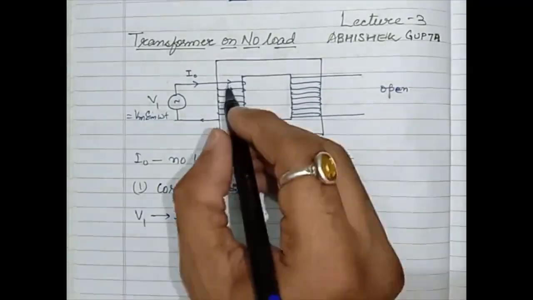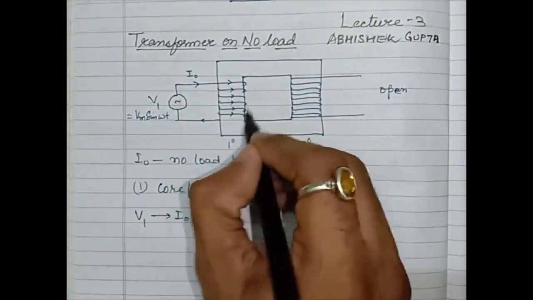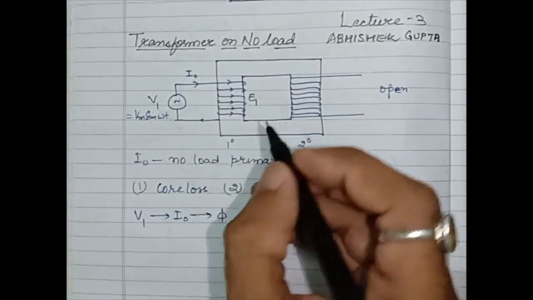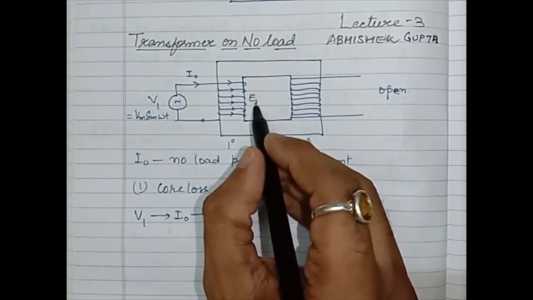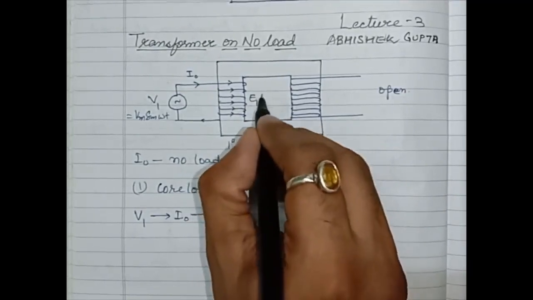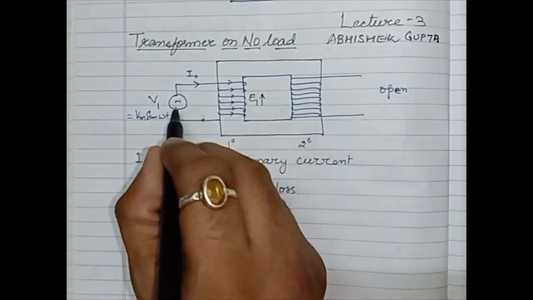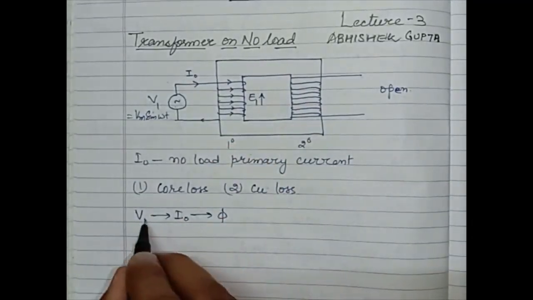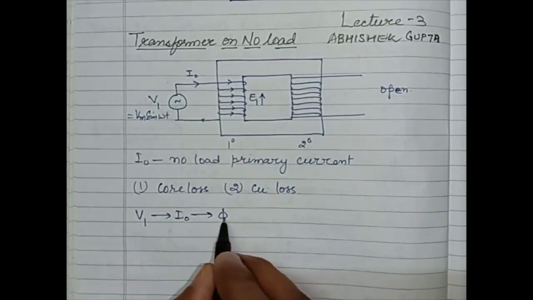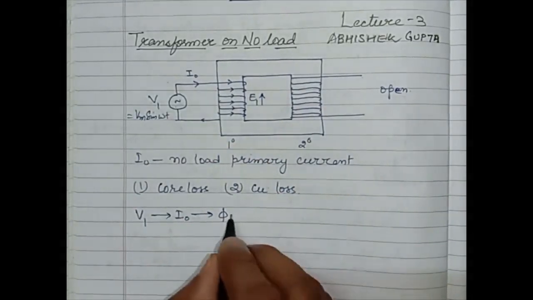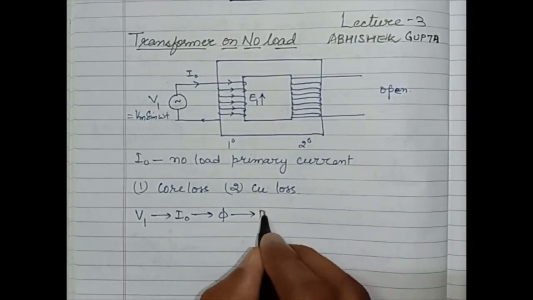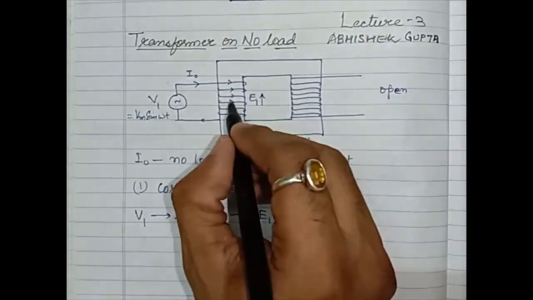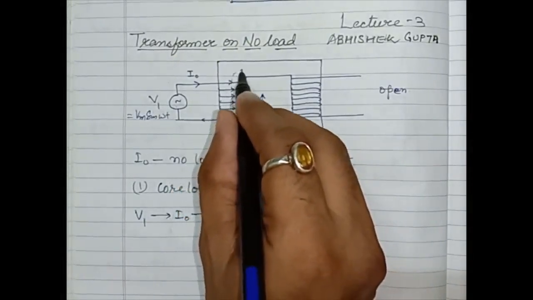This phi links with the primary winding and produces an EMF, known as the self-induced EMF E1, which opposes the applied voltage V1 as per Lenz's law. So V1, then I naught sets up flux phi, and because of this flux phi there is a self-induced EMF E1.